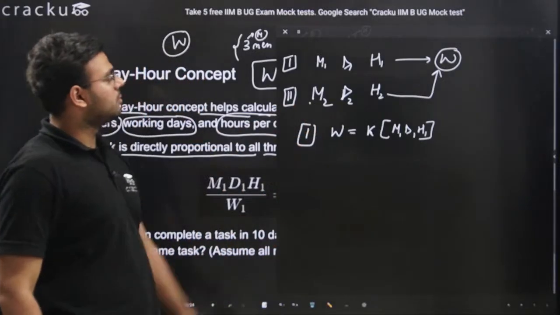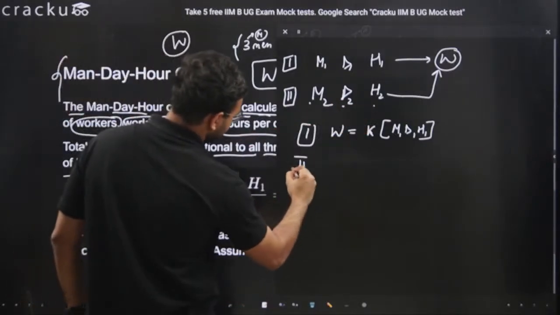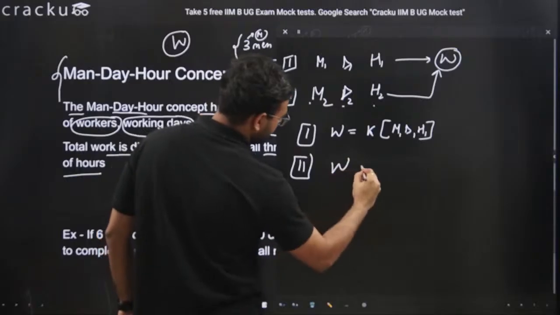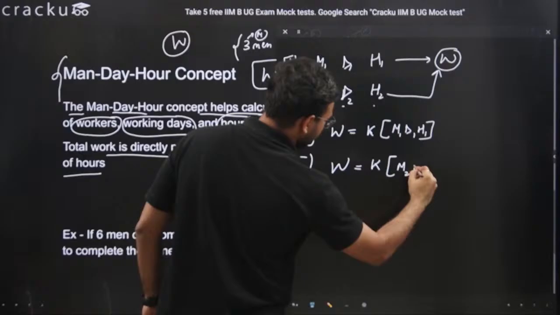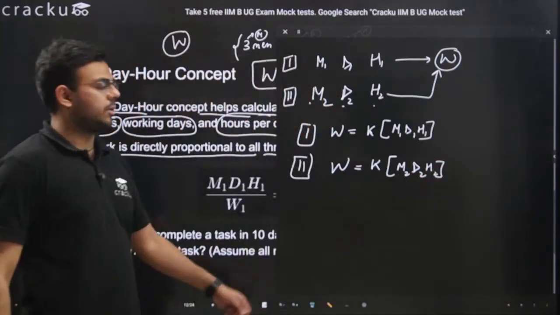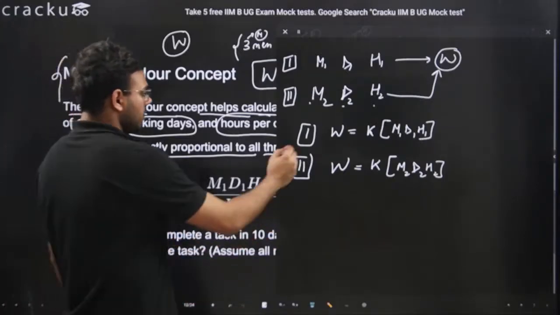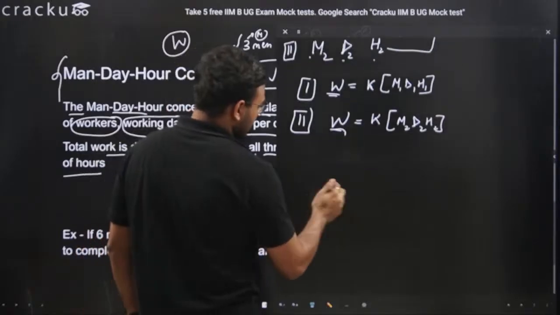Now for case 2, M2 men, D2 days, H2 hours. So W is equal to K into M2 D2 H2. Now both of these works are equal, so we can equate them.